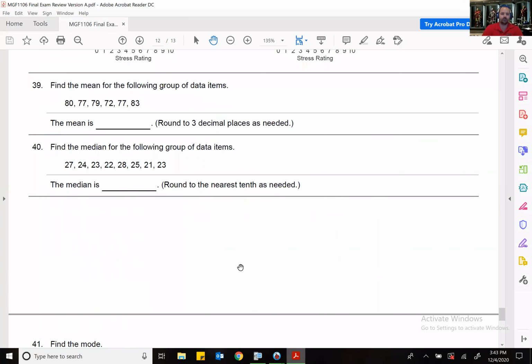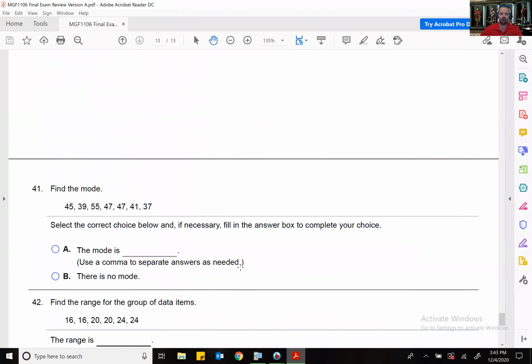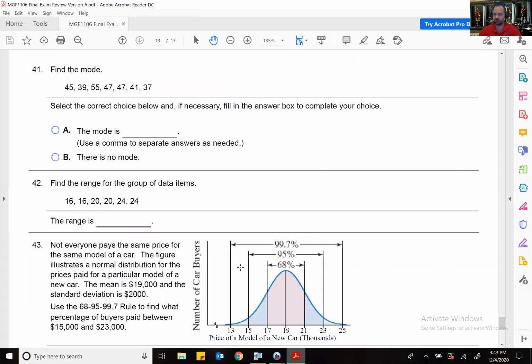All right. So we're there. Last 3 problems. 41. Find the mode. What do we mean by mode? The number that occurs the most. You got it.